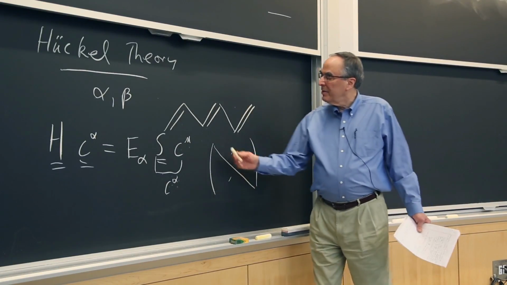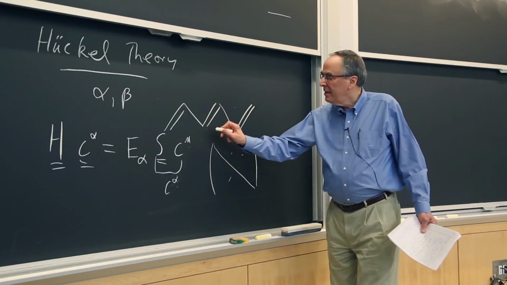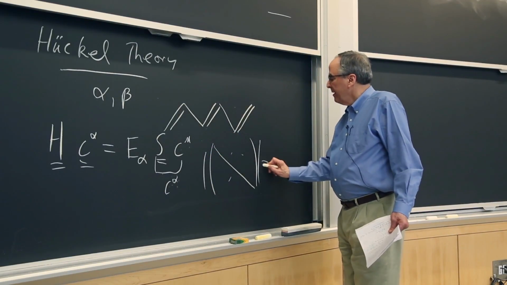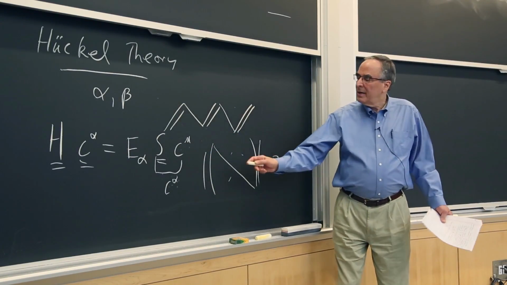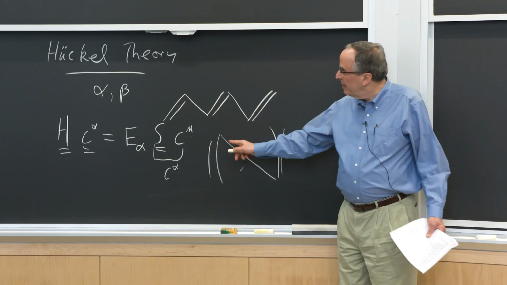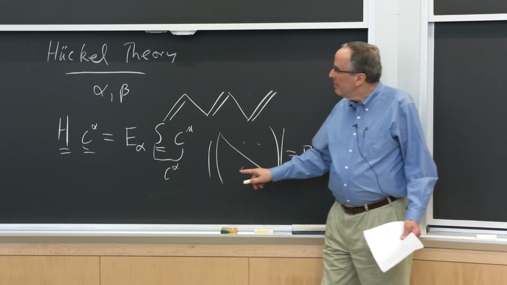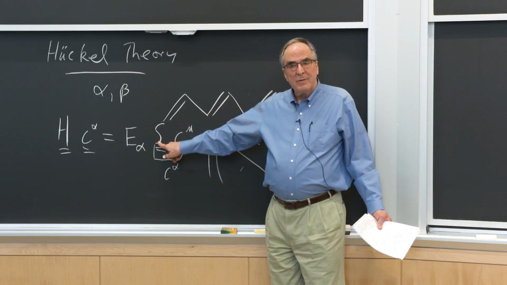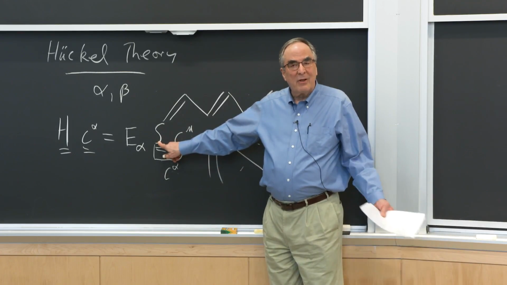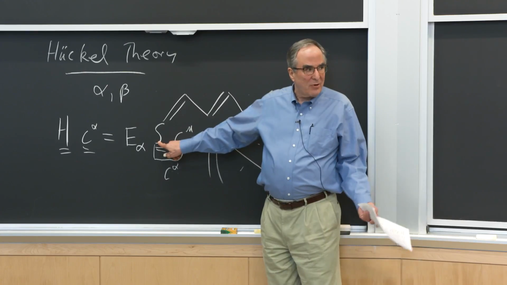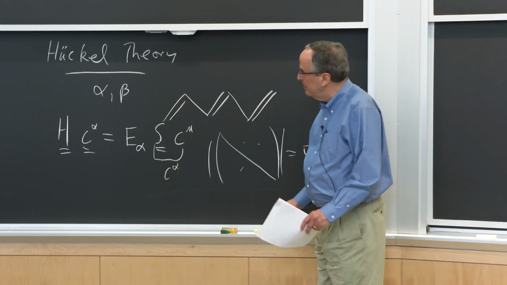And the idea is we want to take the secular determinant and make it 0 by adjusting values of the energy differences along the diagonal. But when we have this overlap matrix, it's complicated. Now there's a way of dealing with the generalized eigenvalue equations.